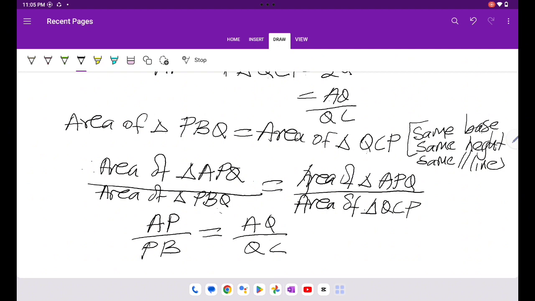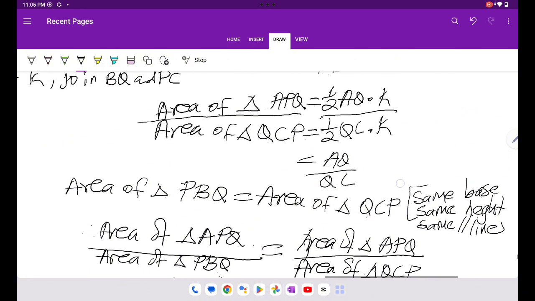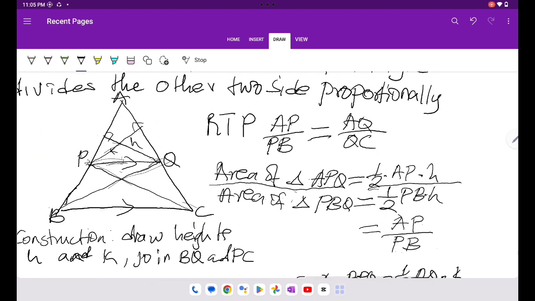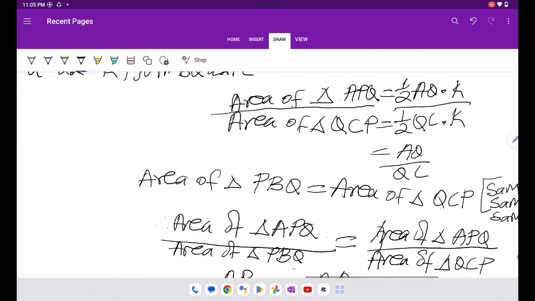Remember, we say we have proved a theorem if the final statement is the same as what was required to prove. We were required to prove that AP over PB equals AQ over QC. So that's our theorem. AP over PB equals AQ over QC. And that concludes the proof of our theorem.